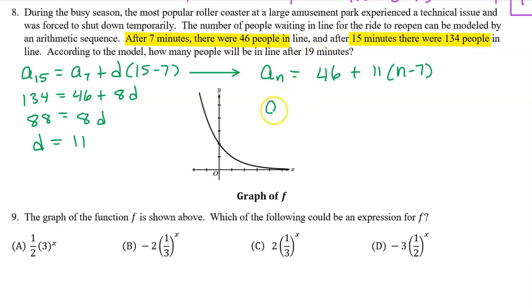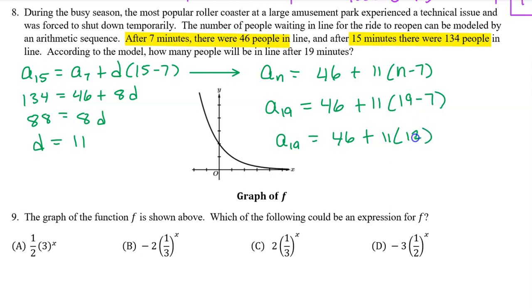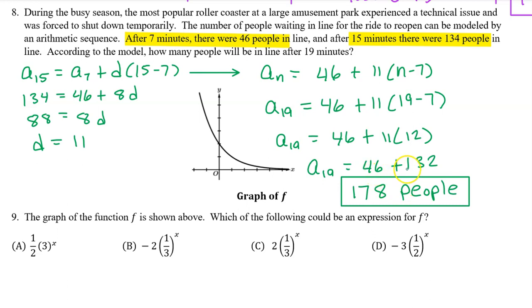So I'm going to go ahead and find A19, which will be 46 plus 11 times 19 minus 7. Okay, so A19 will equal 46 plus 11 times 12. That's 46 plus 132, or 178 people.